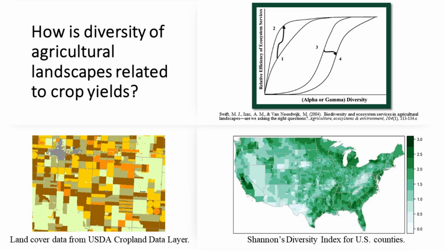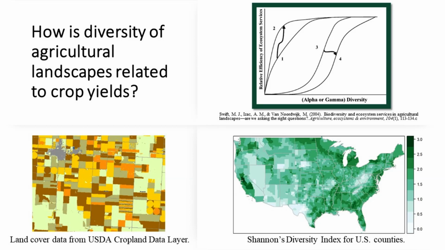So it's looking for both lots of land cover types, but also relatively equal areas to have a rating of high diversity. Now, we built this metric for each county. In the example provided here, a high value, indicated in dark green, would indicate that you have both a lot of different types of land covers within a single county, and that those land covers have a relatively balanced amount of area within the county.